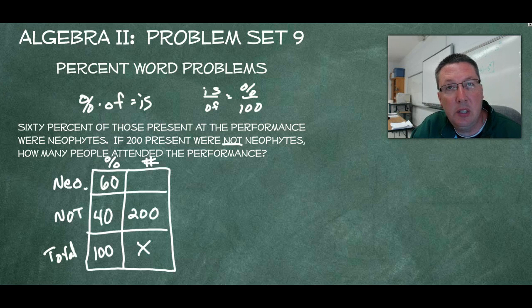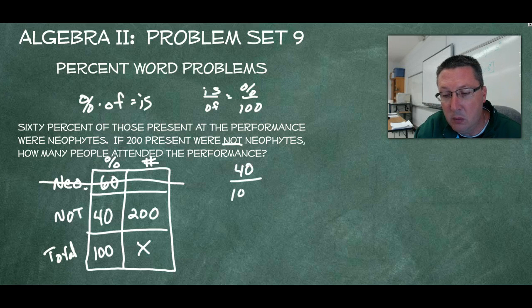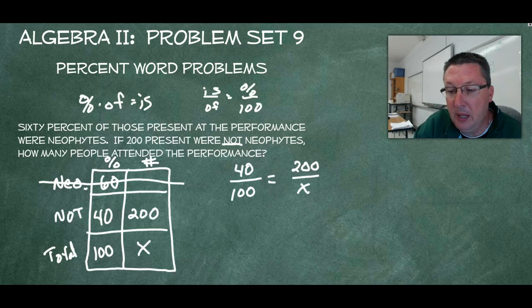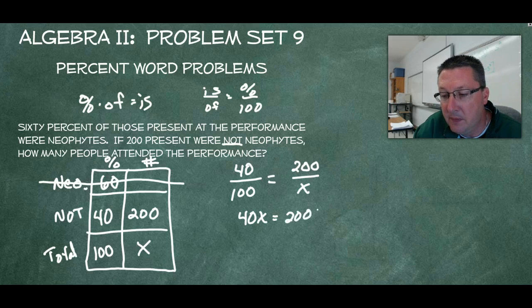Now, we've done a lot of these ratio boxes in the past, maybe more last year in Algebra 1, but from here we get a proportion. I need the row that has the X, and the row that has 2 numbers. So the neophytes I can get rid of. The stuff that's left in these 4 boxes gives me a proportion to solve: 40 over 100 equals 200 over X. From here, we cross multiply and solve for X. When I cross multiply, that's 40X equals 2,000.